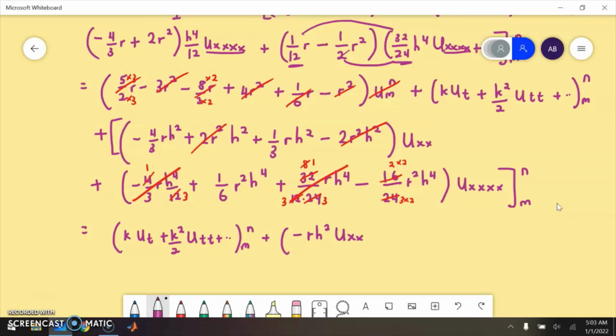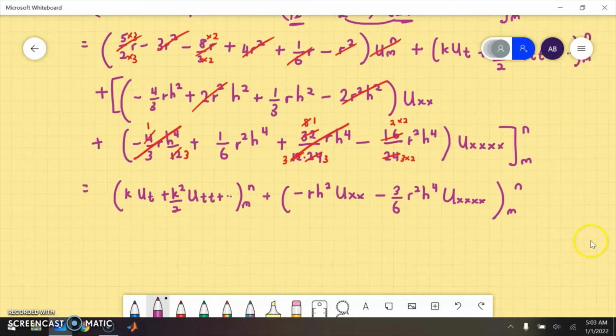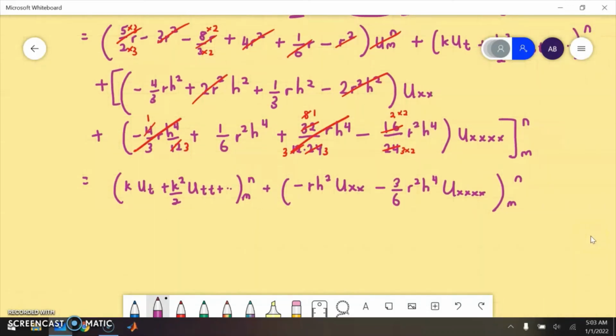So minus 3 over 6 r squared h to the 4. Okay. Now, there you go. We have come to the simplification. This is a half, right? Okay, let's look at this term here.